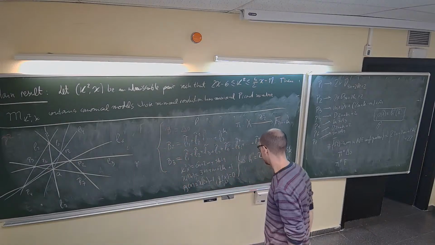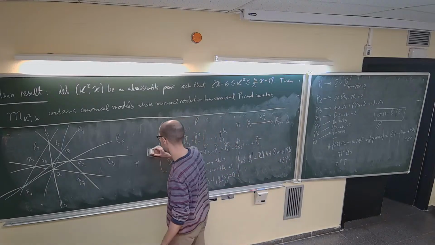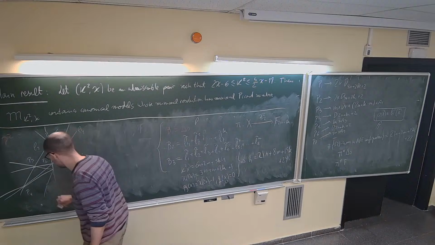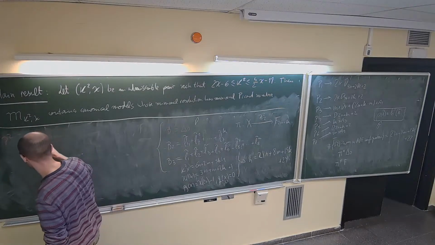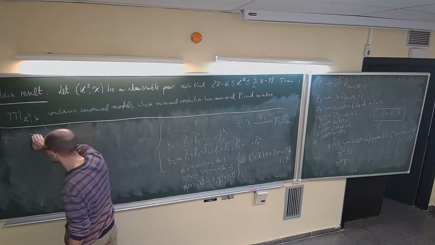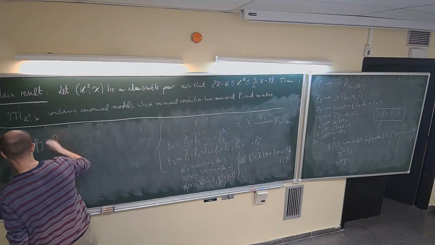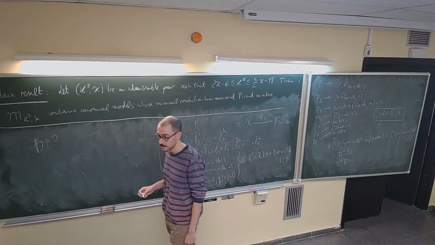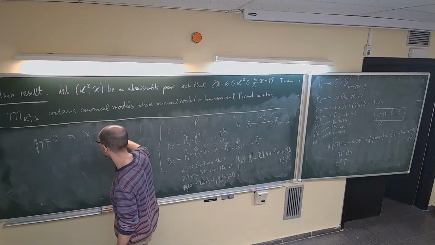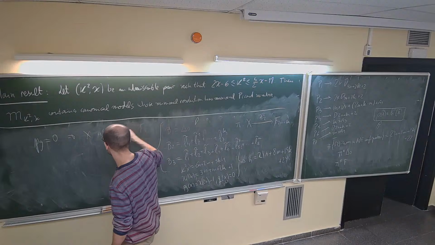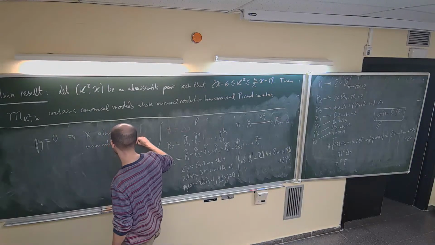Okay. So actually, in general, a lot of different things can happen. For instance, if this is not our case, but if we have that pg is equal to 0, then X always has maximal Picard number.